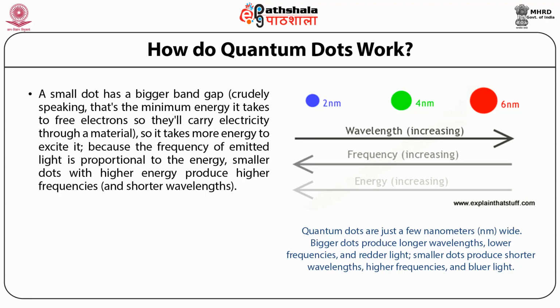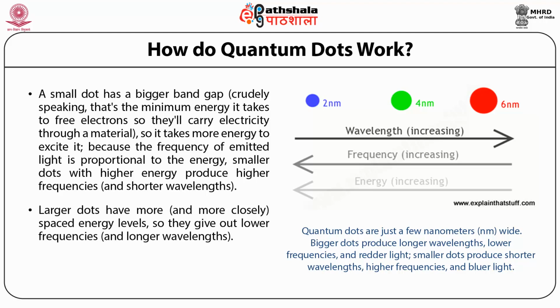Since the frequency of the emitted light is directly proportional to the energy, small dots produce light having higher frequencies, or we can say shorter wavelengths. Similarly, larger dots have more closely spaced energy levels, and thus they have lower frequencies or higher wavelengths.